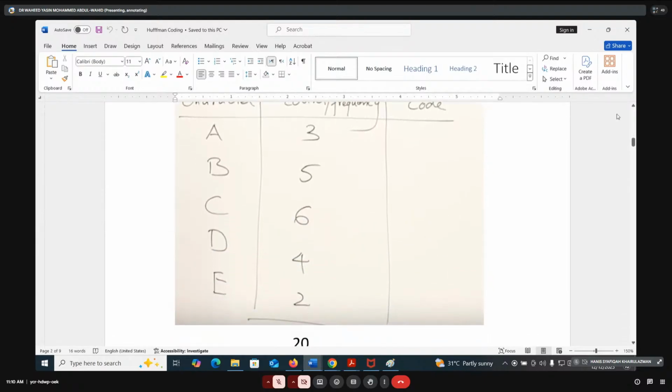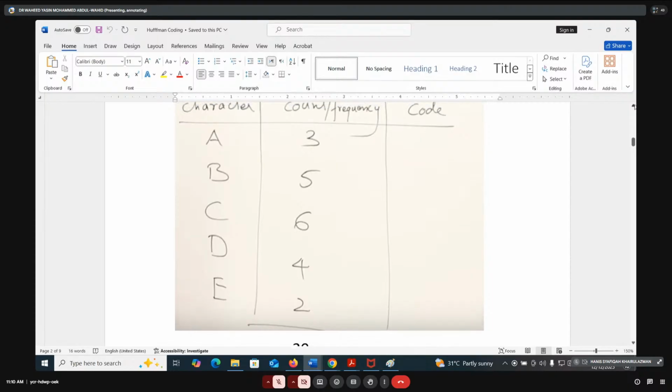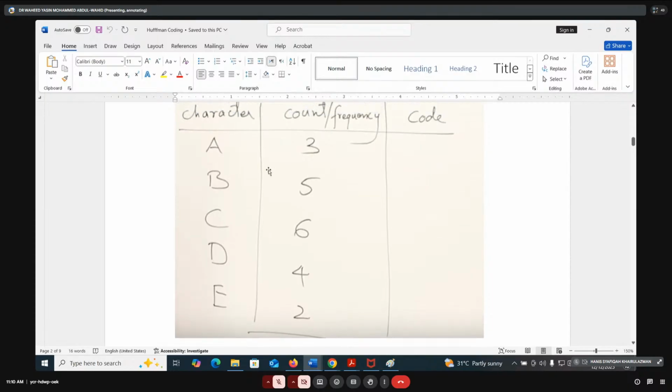I have these characters A, B, C, D, E, and here I have 3, 5, 6, 4, 2. This is the frequency of the characters in the message. I said that I have a message with 20 characters, and the frequencies of these characters are as follows: 3, 5, 6, 2, 4.